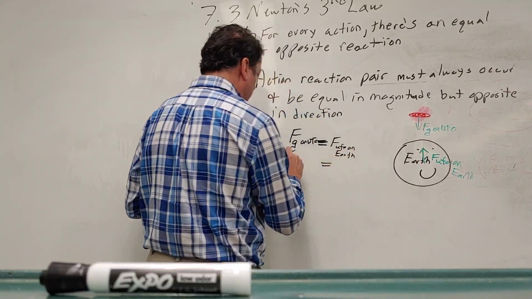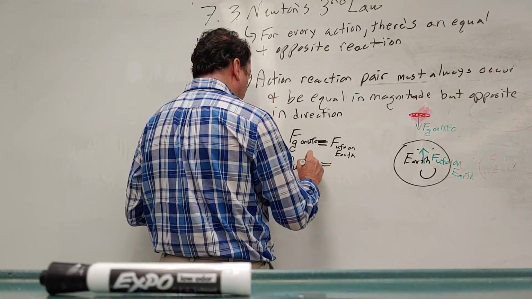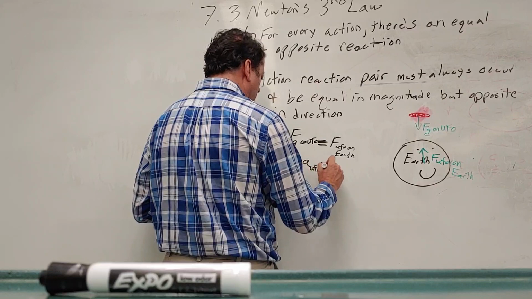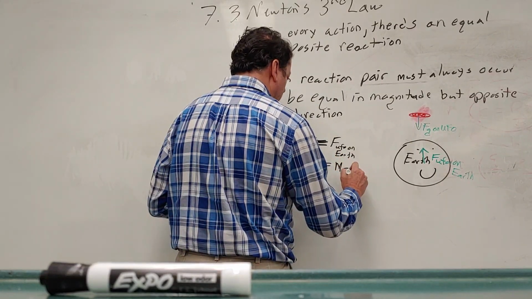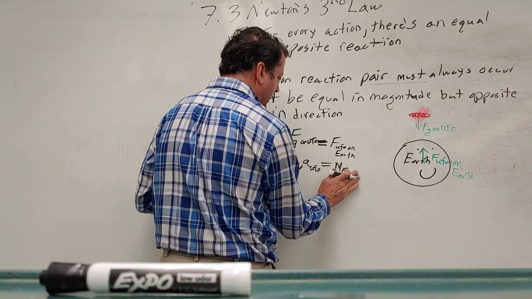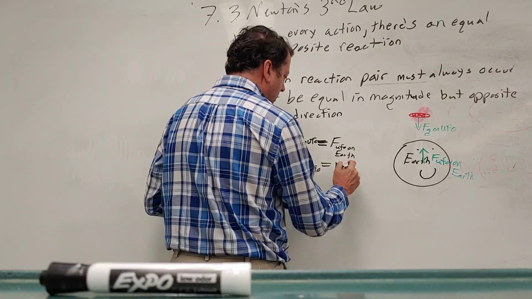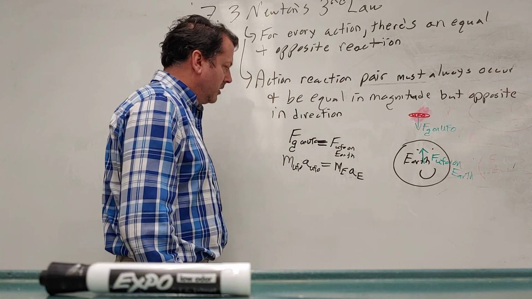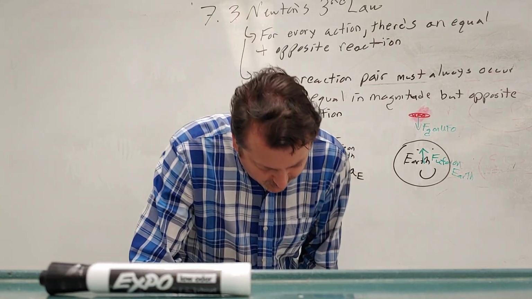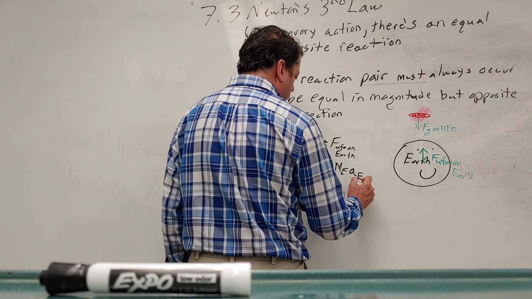Well, if that's true, then this would be the mass of the UFO times the acceleration of the UFO. This would be the mass of the Earth, we'll just do E, times the acceleration of the Earth. So, let's see if I can find the acceleration of the Earth.